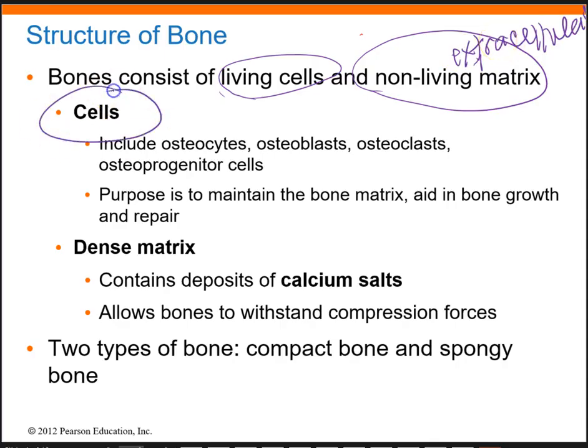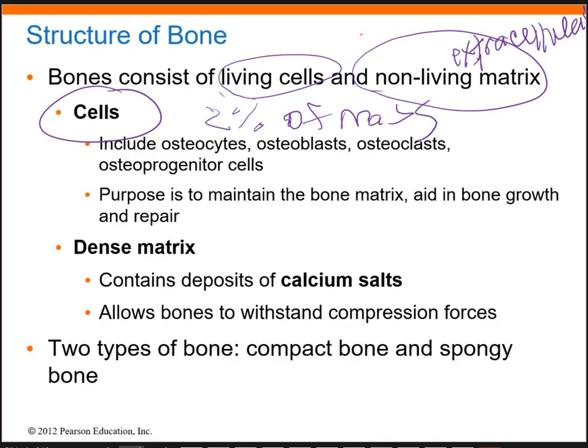So the cells represent very, very little of the bone. So most of your bones are not cells. Cells are only about 2% of bone's mass. So that means 98% of your bone's mass is all this dead stuff outside of the cells. There's not very much of the bone that is cells. But the cells are really important because they're the things that actually make the matrix.